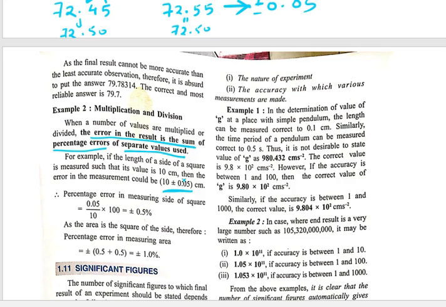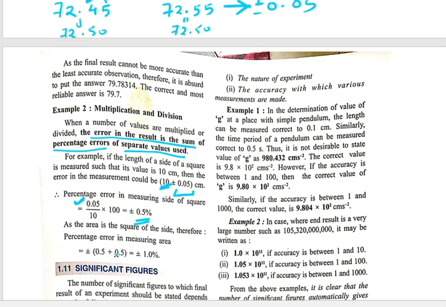So how do we calculate the percentage error? The absolute error is 0.05 divided by the actual value, which was 10, into 100, that is plus minus 0.5%. So this will be our percentage error. As the area is the square of the side, the percentage error in measuring the area will be this percentage error plus 0.5.